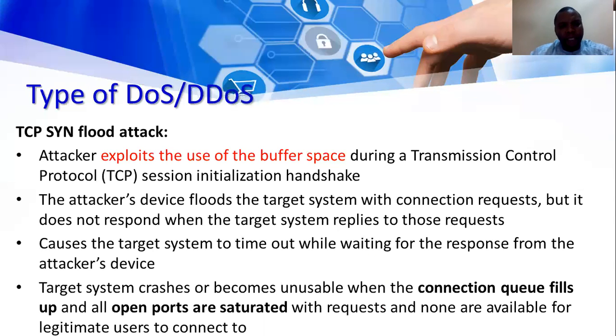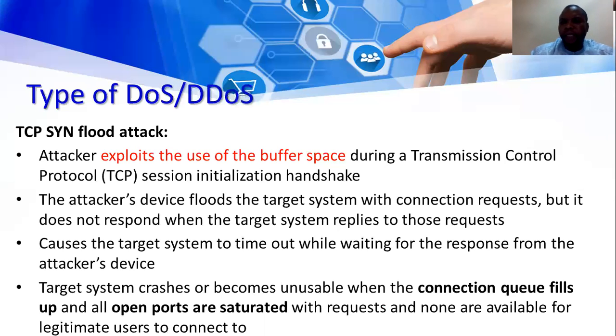But in this kind of SYN flood attack, the attacker sends a connection request to the targeted machine, and the targeted machine tries to reply to this request from the attacker. And once the reply gets to the attacker, the attacker does not acknowledge this reply. The attacker does not respond when the targeted system replies to those requests.